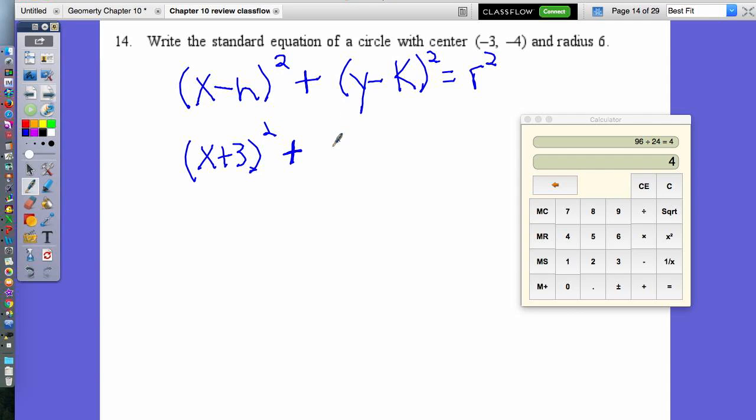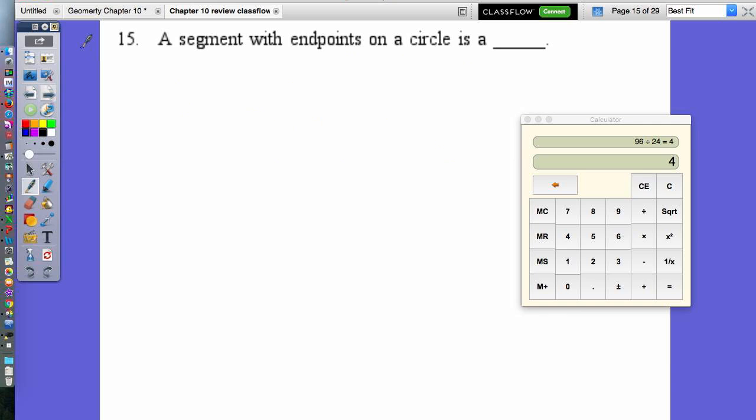Plus y minus negative 4 is y plus 4, quantity squared, equals radius squared, equals 36. A segment with endpoints on a circle is a chord.